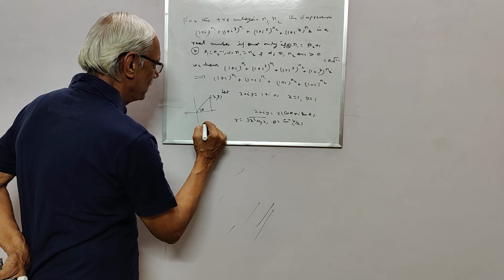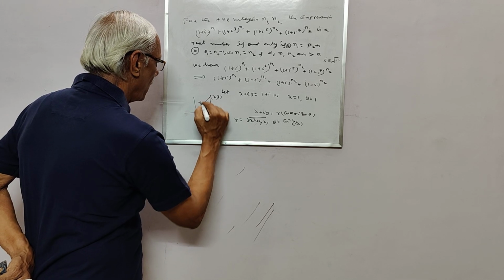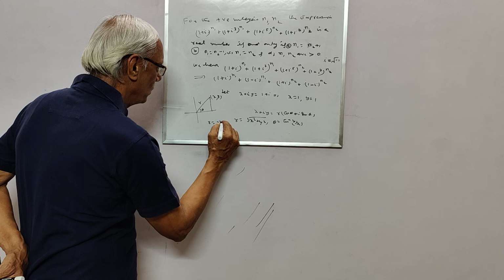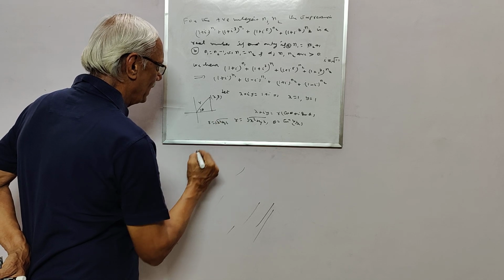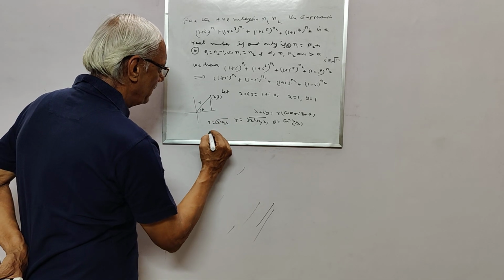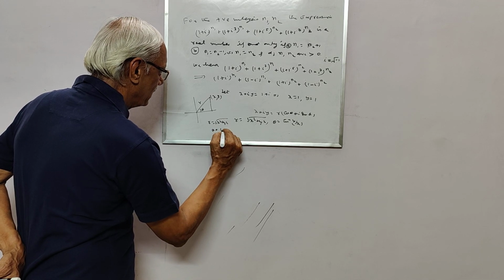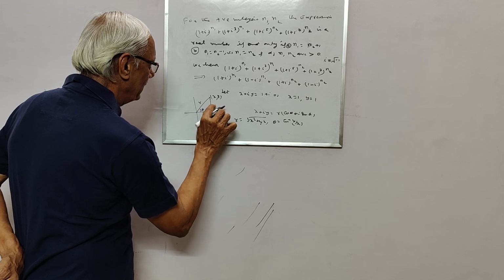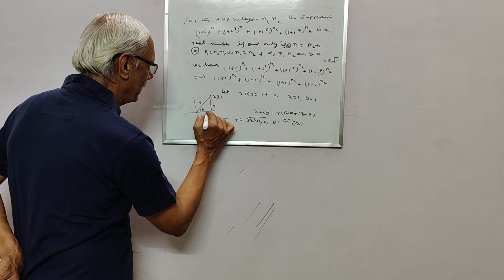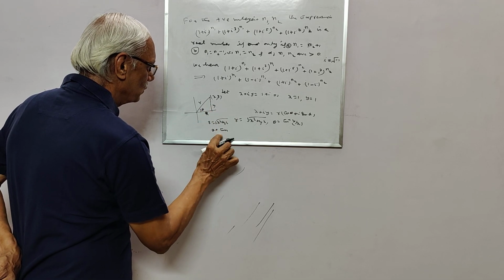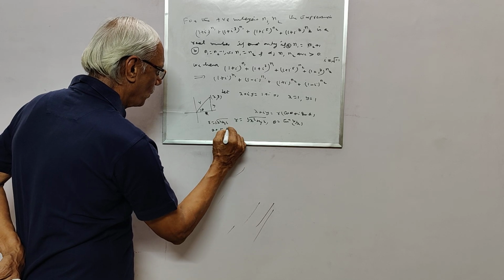So this length is your r. So r is equal to the square root of x squared plus y squared, and theta is equal to tan inverse of y by x.